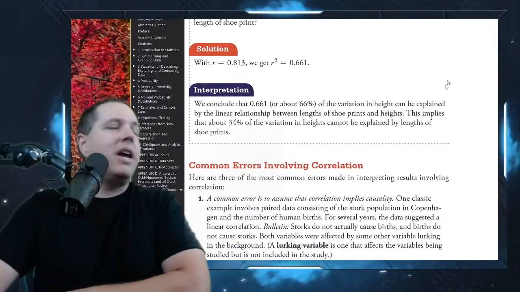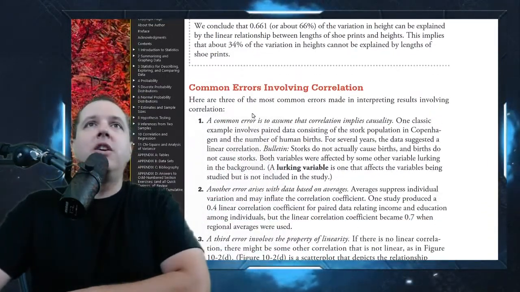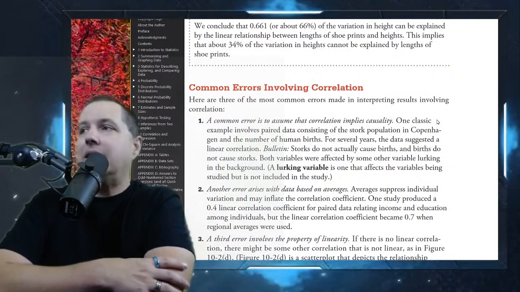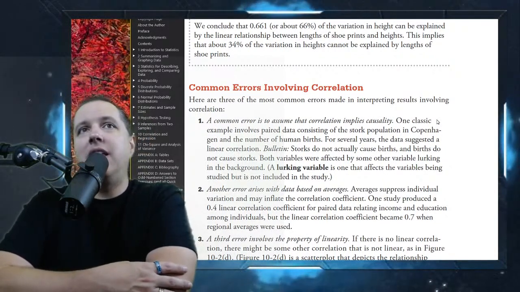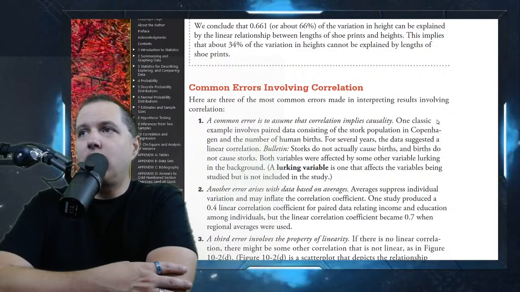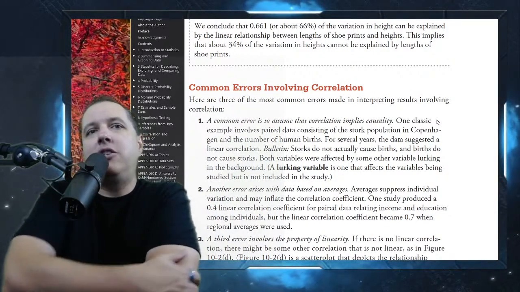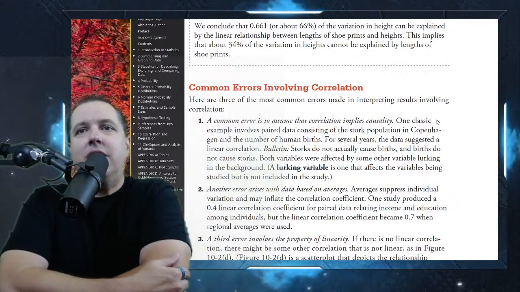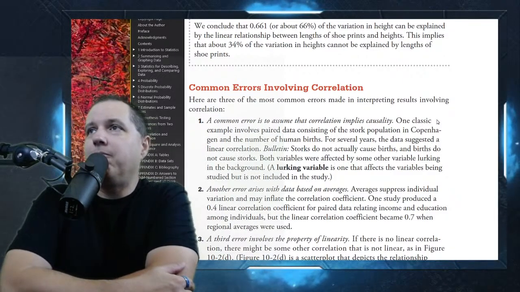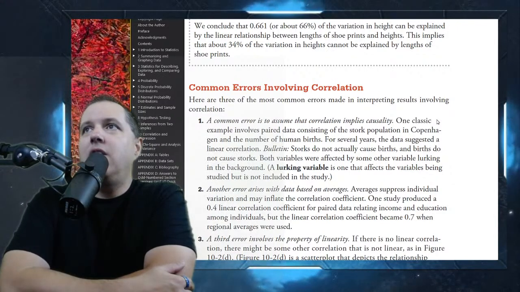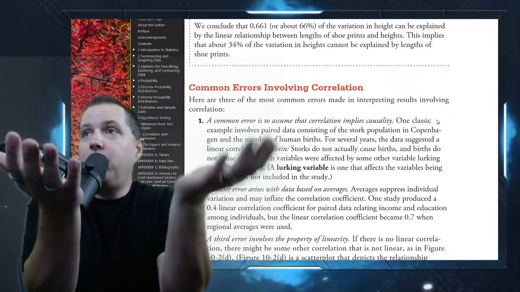All right, some common errors involving correlation. Like I mentioned, a common error is to assume that correlation implies causality. It does not. Okay, we cannot make the claim that this thing is the sole cause of this other thing. It's more like an effect, right? Imagine you live in a house with a sibling. The decisions your parents make affect both you and your sibling.